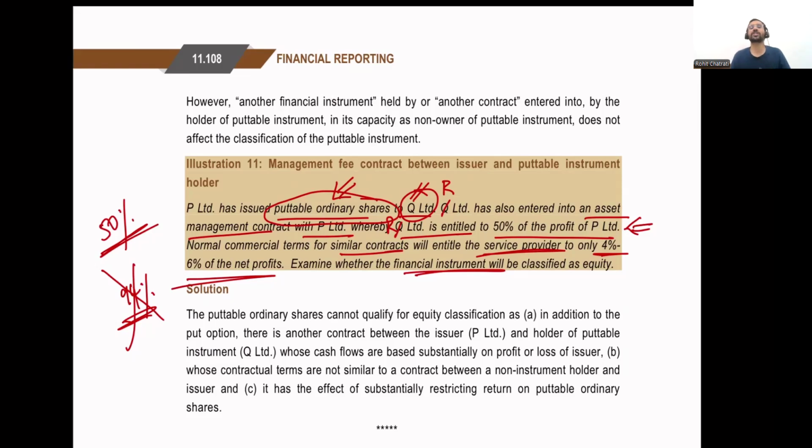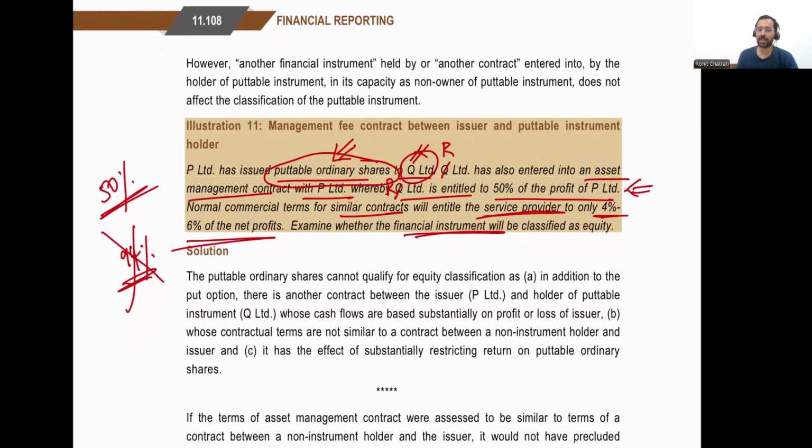The puttable ordinary shares will not be classified as equity because the holder is not fully exposed to the profits or losses, because there is another contract wherein that contract holder is getting exposed to some profits, which is restricting the profit participation by Q Limited. Hence, puttable ordinary shares will not be classified as equity and will be classified as a financial liability.